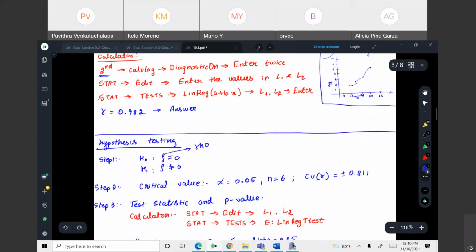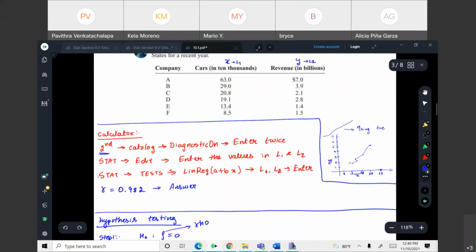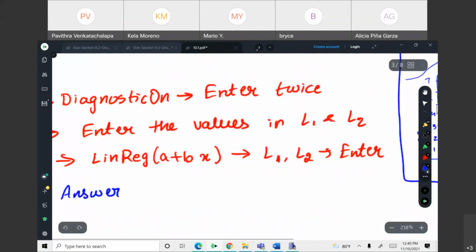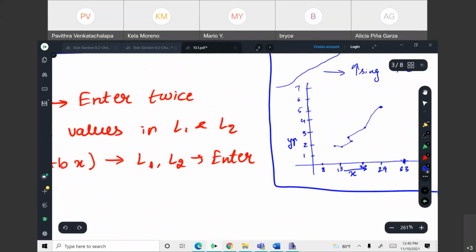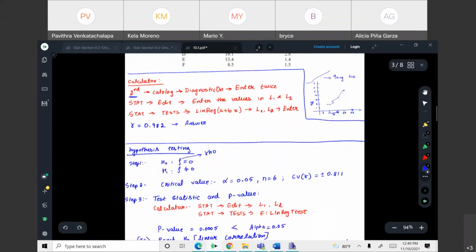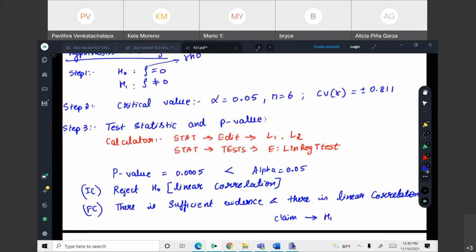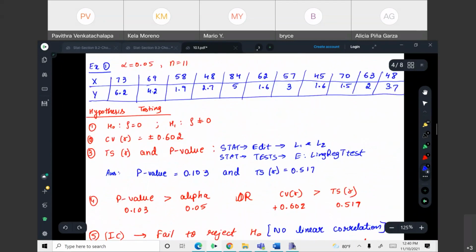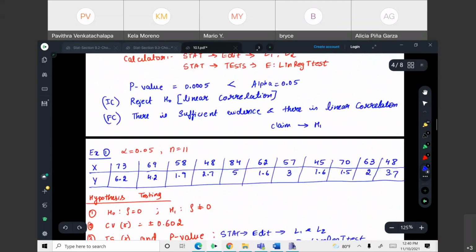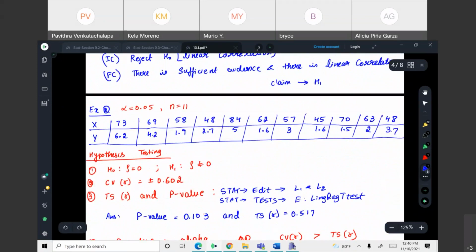So example one, which we did through the scatter plot, we concluded there was a linear relationship because it is a straight line. In the same way, we did hypothesis testing and got the same conclusion. So this was another example, example 2.